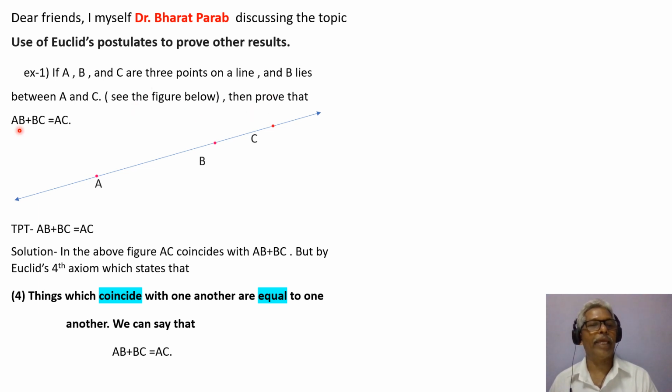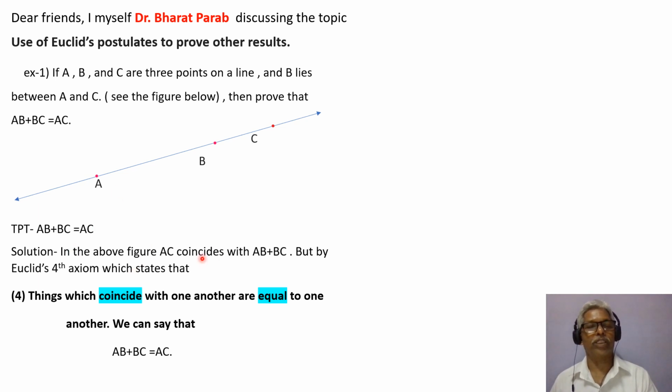Then prove that AB plus BC is equal to AC. Now, TPT, that means to prove that AB plus BC is equal to AC.